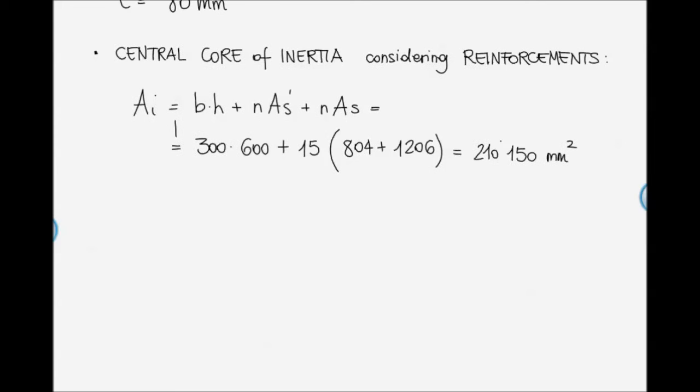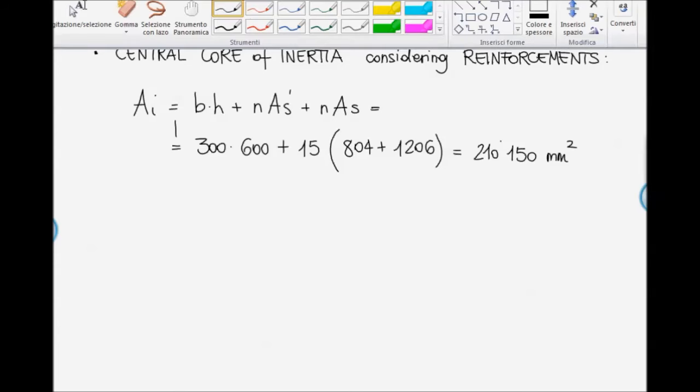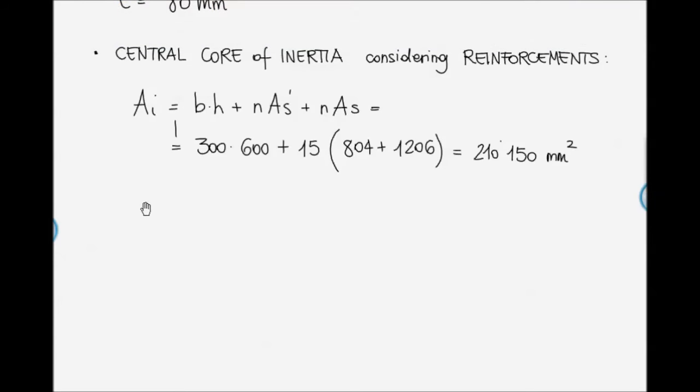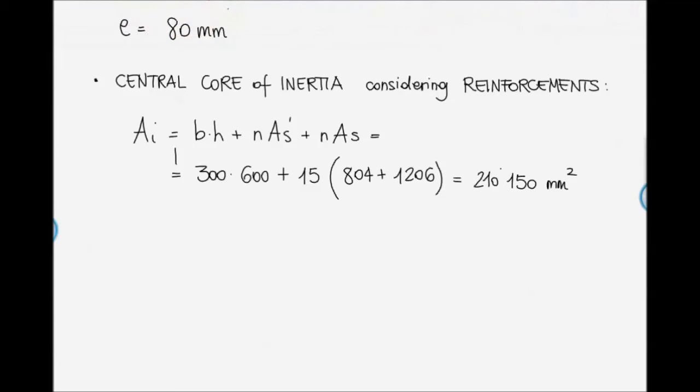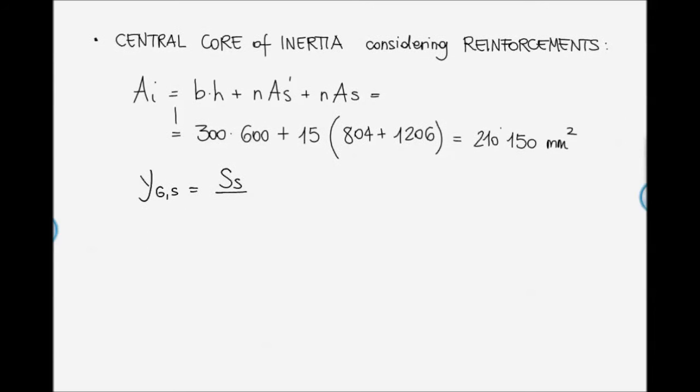We now calculate the position of the centroid of the homogenized cross-section with respect to the superior fiber of the cross-section. So we calculate YGS, that is equal to SS over AI. And SS is the static moment of the cross-section with respect to the superior fiber.